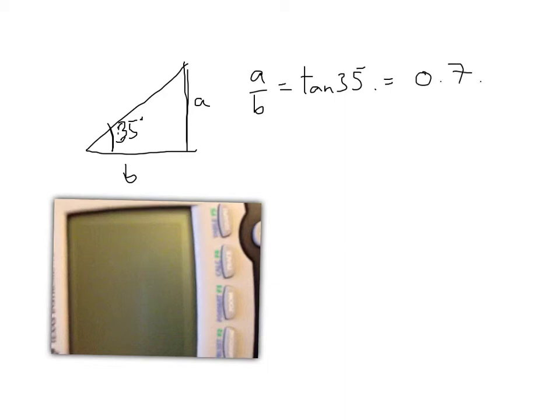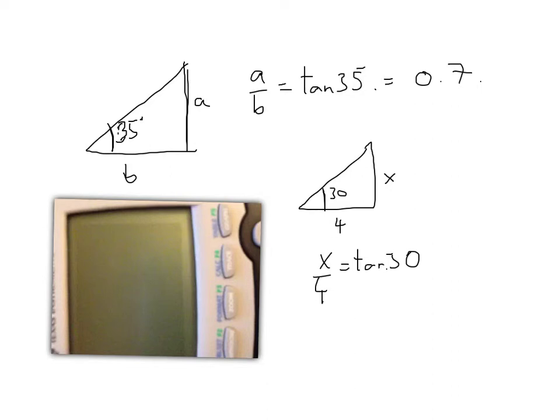Another example of what they might ask me to do is, for example, if they tell me, hey, the angle is going to be 30. This side is going to be 4. How much is this side? They call it x. Well, it's quite simple because I know that x divided by 4 is equal to tan 30.